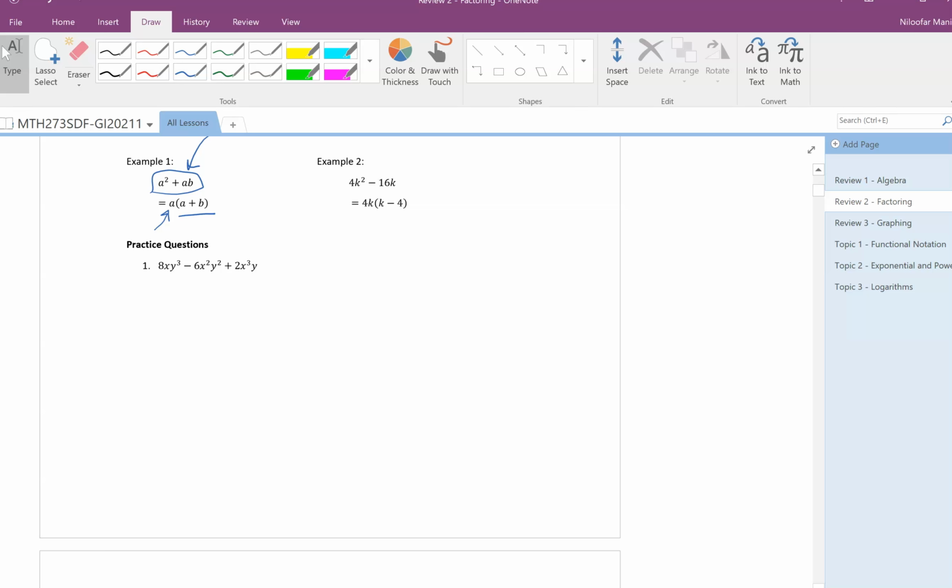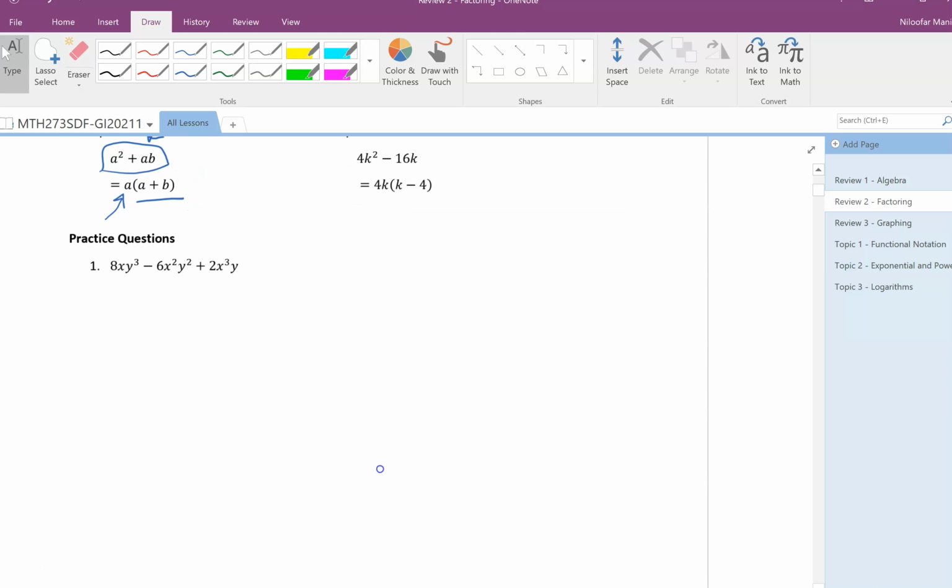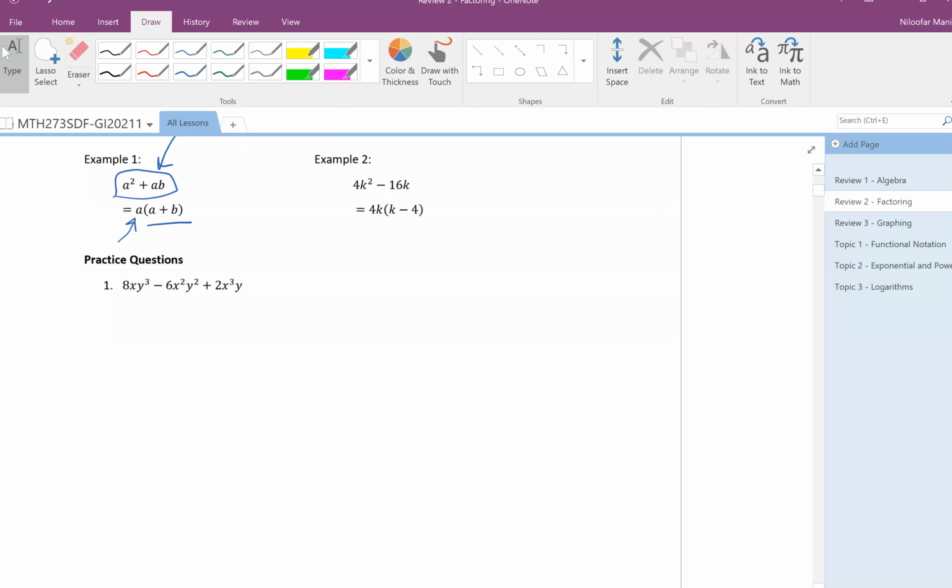Here a is common. Here 4k is common. That's in common for all terms. So for example here, yes, I see 8, I see 6, but 8 is not in common because 8 is not in all terms. I have to see what is in all terms. 2 is in all terms, x is in all terms, y is in all terms, because 2 is here, x is here, y is here.